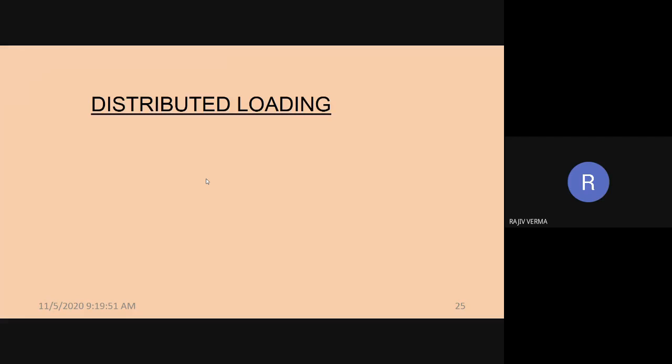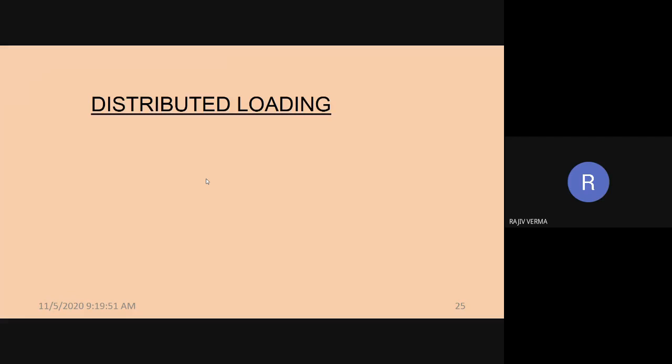These equations obviously were applicable for a point force and point moment. But the thing is that since a beam is capable of supporting a distributed load also, somehow the distributed load is supposed to be transferred to equivalent loads acting at the nodes.